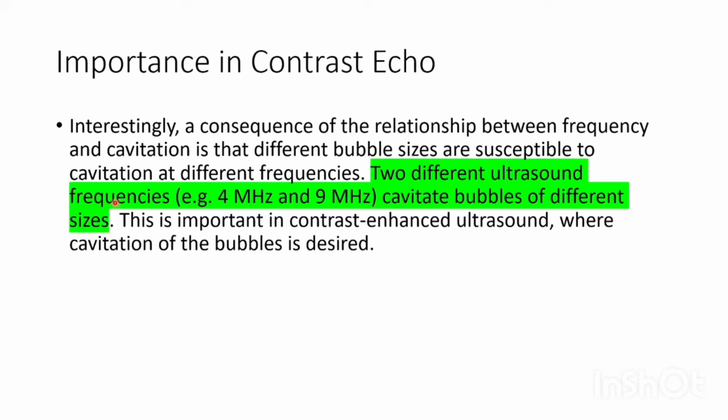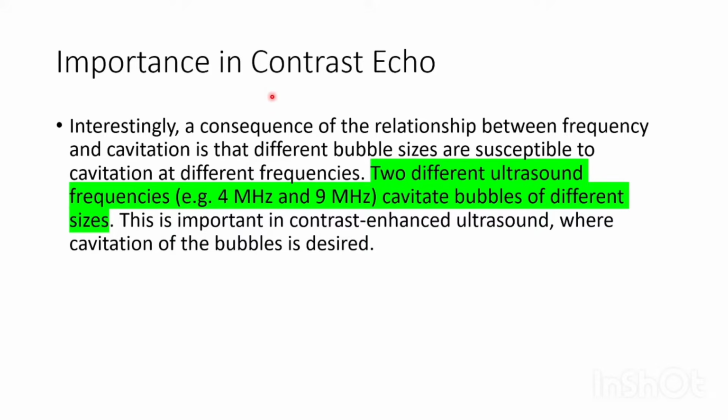So what is the importance of mechanical index in our cardiac echo is that when we are doing contrast echo, it is of importance. The relationship between frequency and cavitation is that different bubble sizes are susceptible to cavitation at different frequencies. So two different ultrasound frequencies cavitate bubbles of different sizes. This concept will come when we discuss contrast echo.